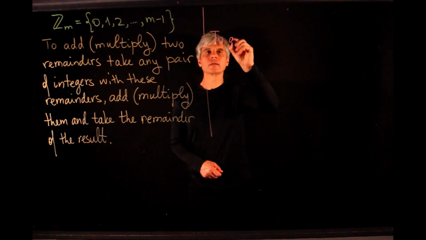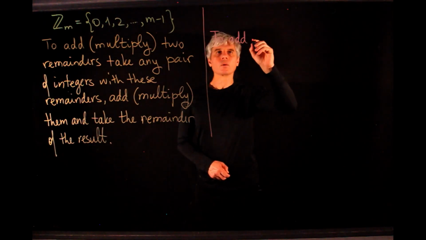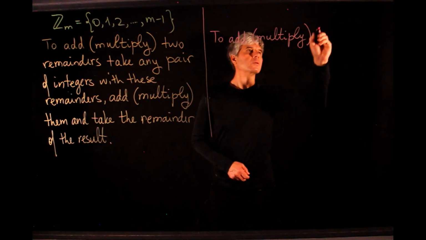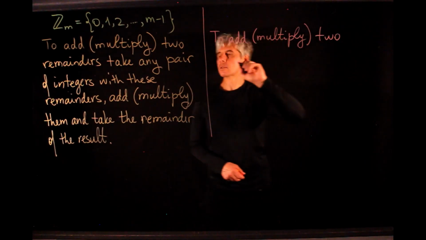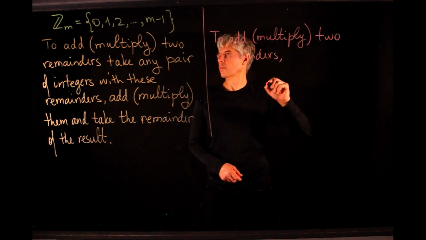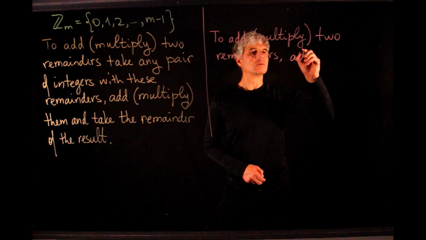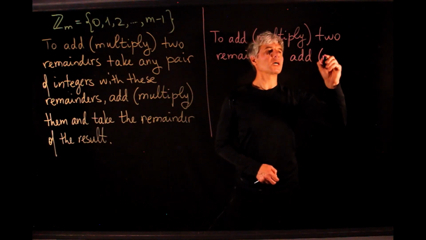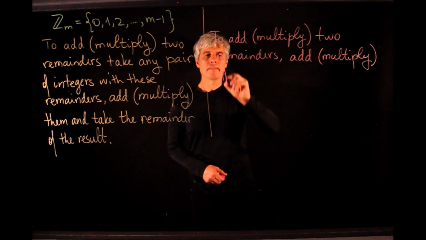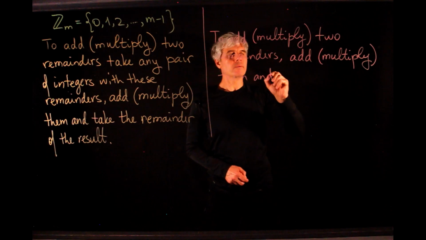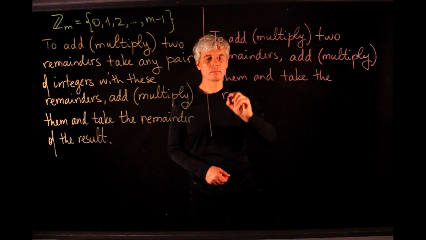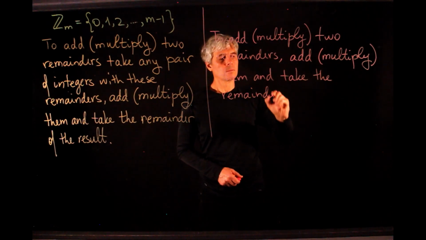To add or multiply two remainders, add or multiply them and take the remainder of the result.